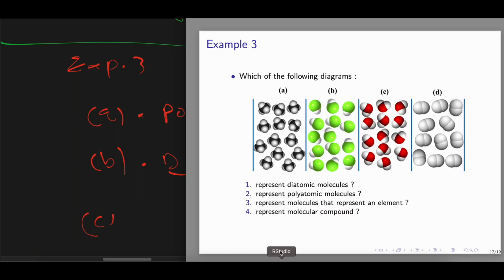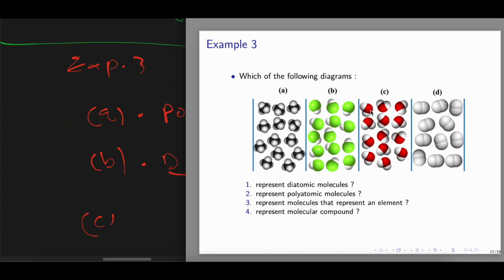The third example, we have here a pure substance, and each molecule is composed of 3 atoms. We have 1 red and 2 white. So we have 2 elements in this substance. It is composed of 3 atoms, and we have 2 types of elements, the red color and the white color.